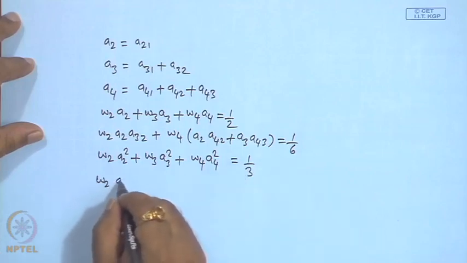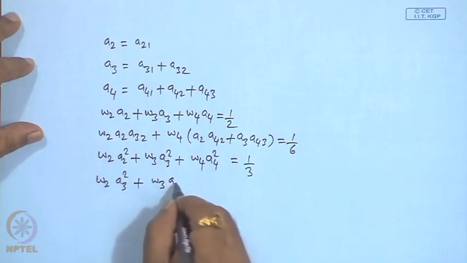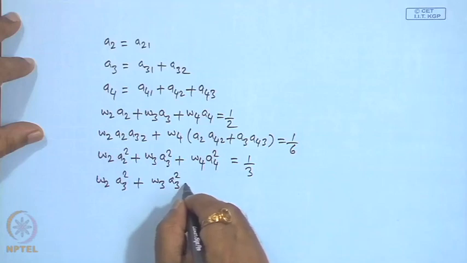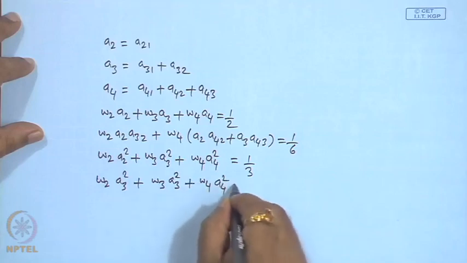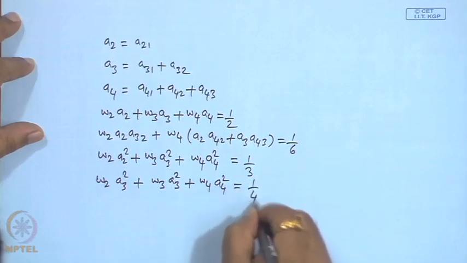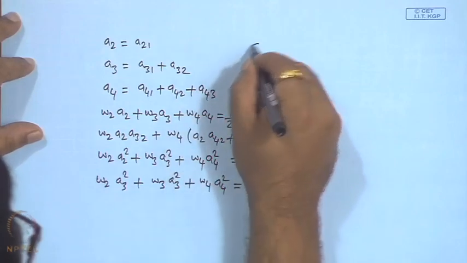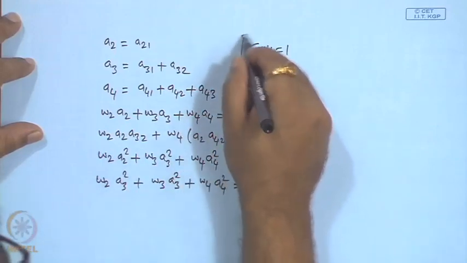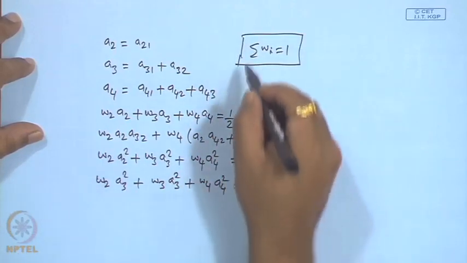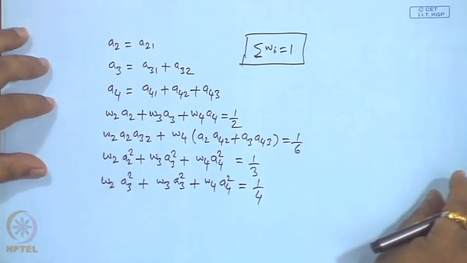It is really very lengthy, but it is worth understanding because fourth order RK method is very popular and most of the calculations are done using fourth order RK method. Okay. And we have an additional condition which we get, this standard condition sigma Wi is 1. This is also one of the equations out of that, and further we have more equations.